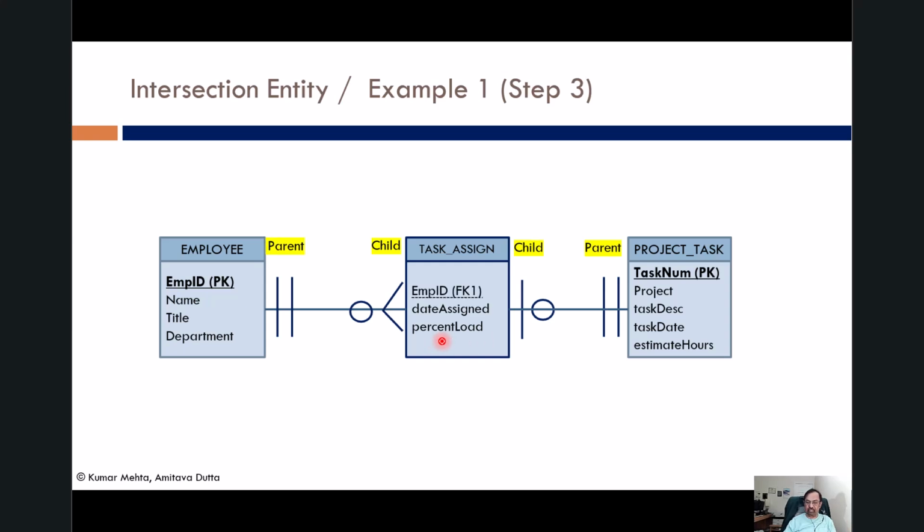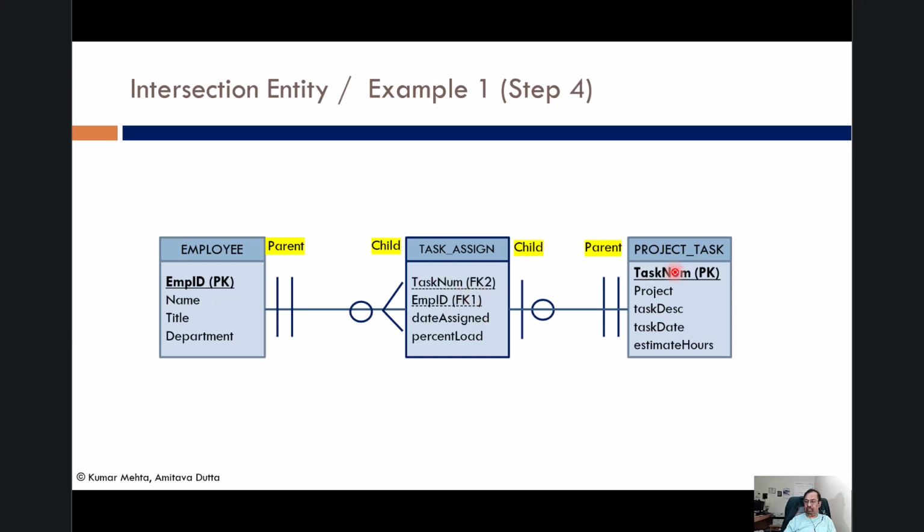So the first step: I take the primary key of employee, the primary key of the parent, and it becomes the foreign key of the many. You see I've taken this employee ID and moved it over here, and designated it as a foreign key, FK. I think you can guess what will happen at the next step.